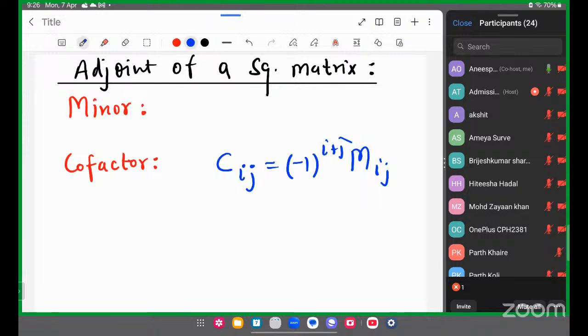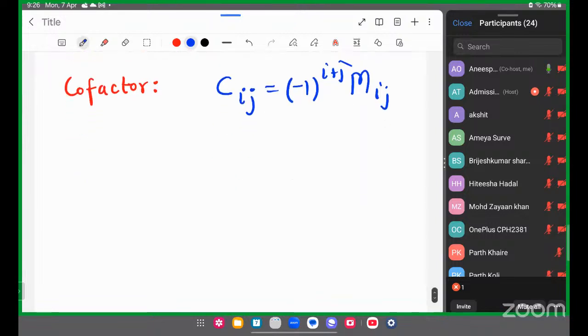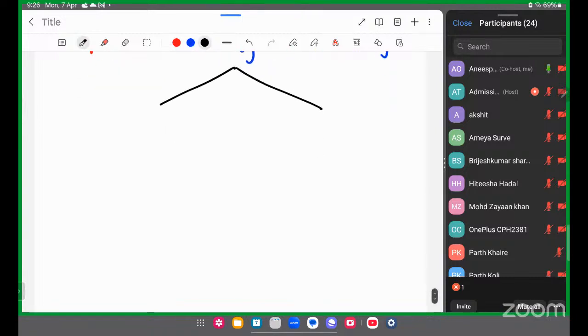And cofactor of any corresponding element will be Cij equals -1 raised to power i plus j Mij. In this case, i and j are the row and column, and i plus j may be even or odd. So there are two possibilities for Cij. First one is i plus j is even, cofactor will be same as minor.